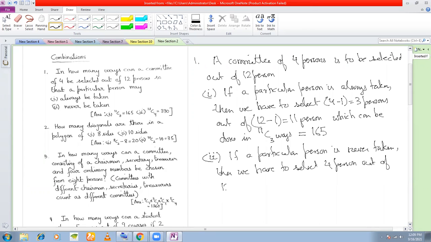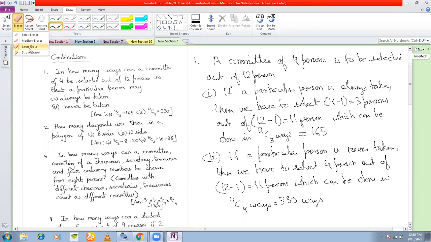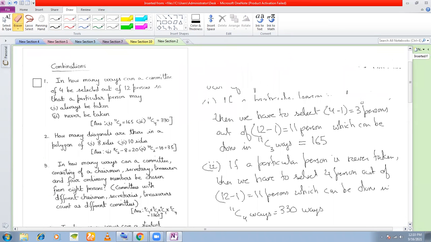So out of 12 minus 1 equal to 11 persons, which can be done in 11C4 ways, equal to 330 ways. Okay, so this is clear? Yes, sir. We'll move on to the next problem then.